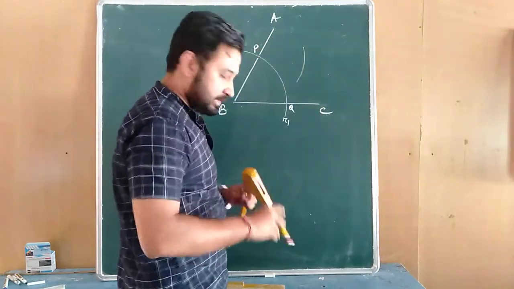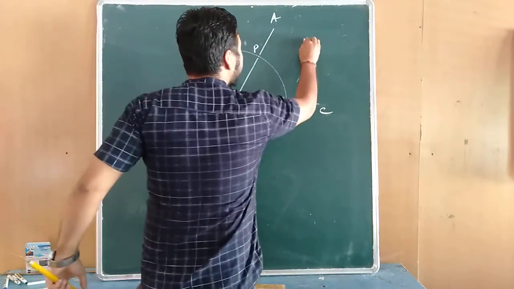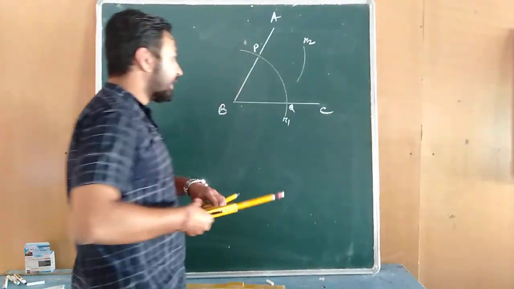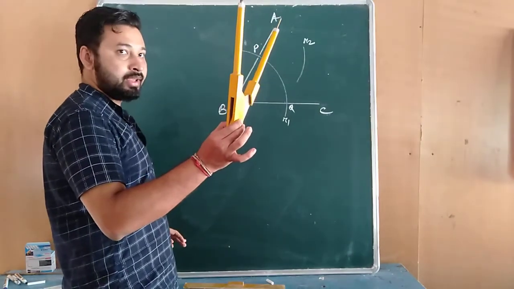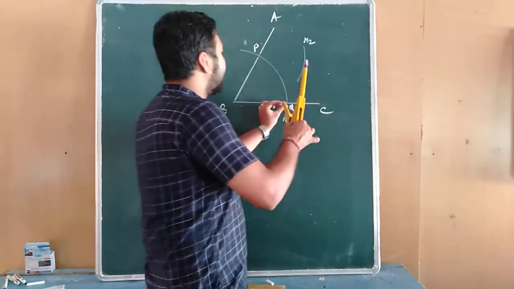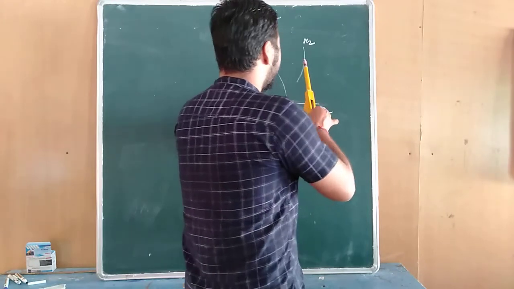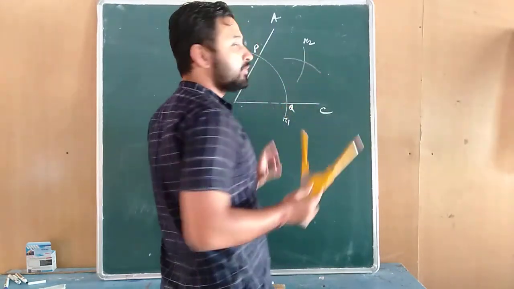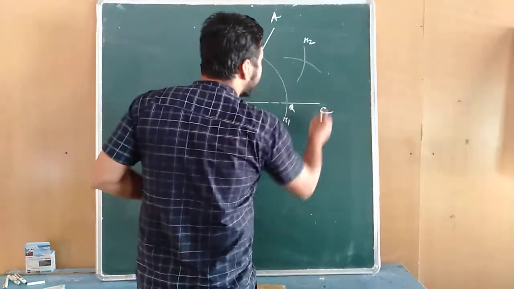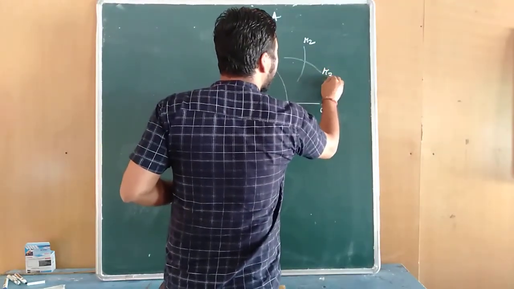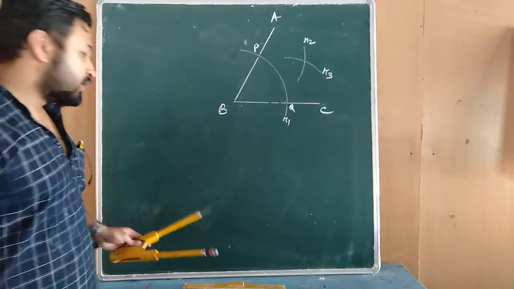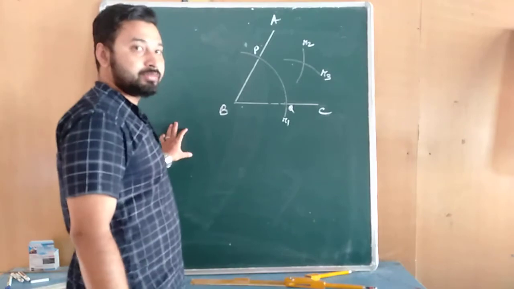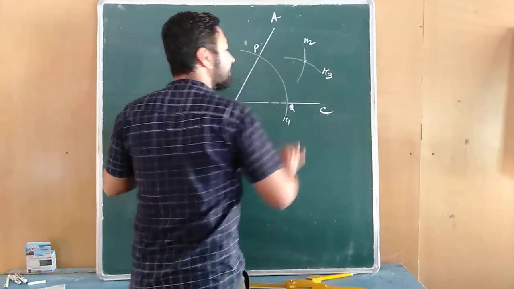Name of this arc is, say, R2. Now taking the same radius and Q as center, we draw another arc. Name of this arc we will give as R3. So these two arcs cut at a certain point.